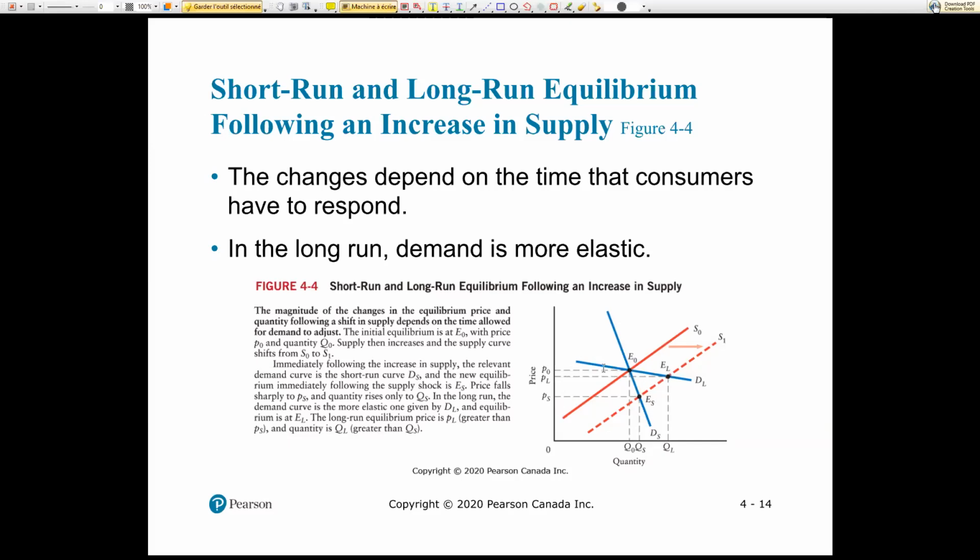So the quantity of gas that people are going to buy will be able to change much more. And initially I told you it's a static thing. Well, here it's really not a static thing. You can really draw arrows. So imagine we start here, and then there's a shift in supply.